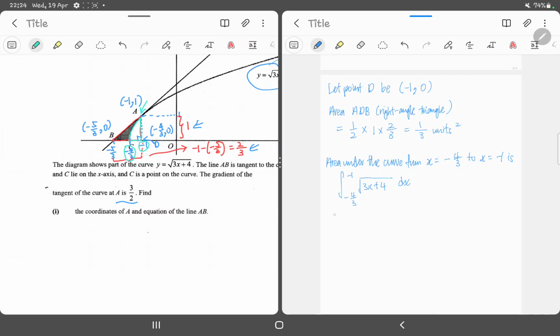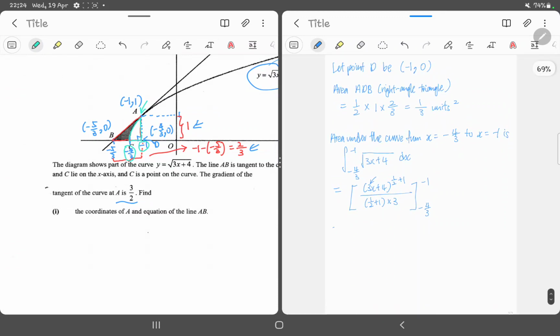So this is actually equals to 3x plus 4 to the power 1/2 plus 1, over 1/2 plus 1. Remember to times 3 because of this value 3 over here. So minus 4/3 to minus 1. So this is actually equals to, let's see.